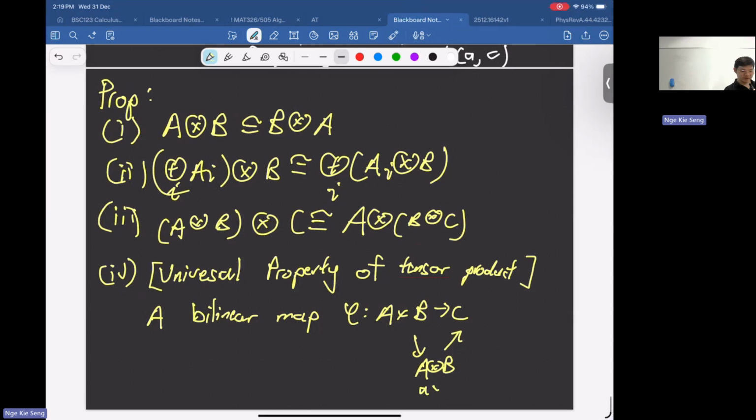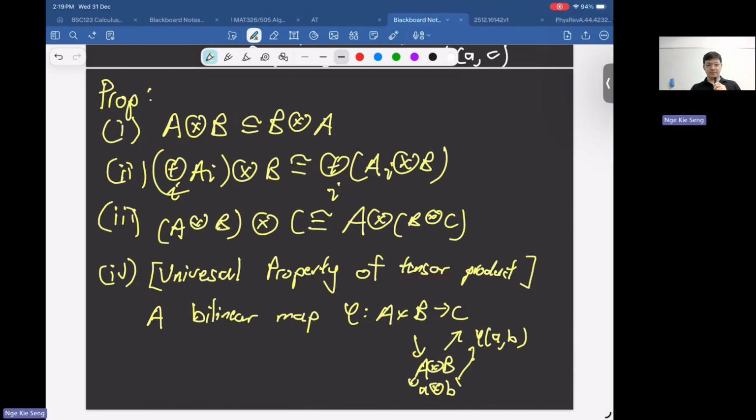Basically, you just take an element, let's denote it A tensor B, and send it to phi of (A, B). Okay, what you need to check here is that this is a module map. I think that's it. And I guess it's unique.